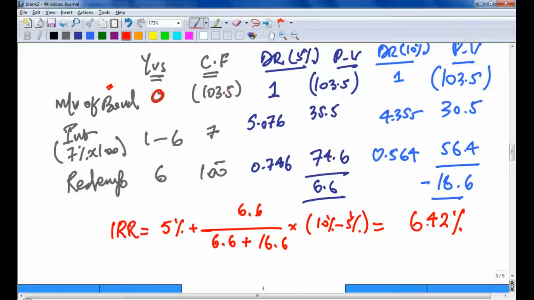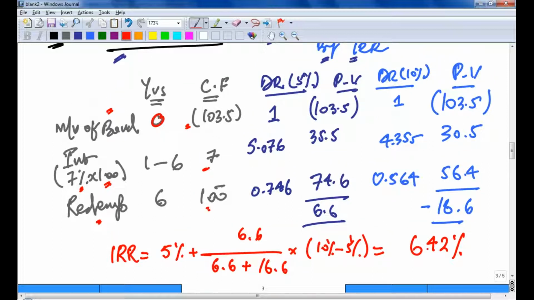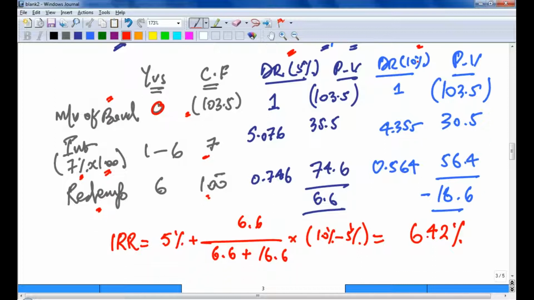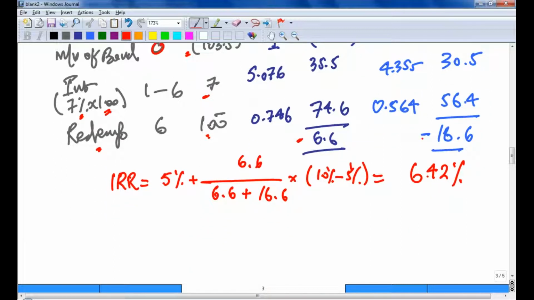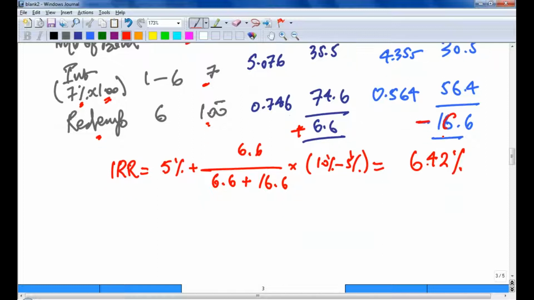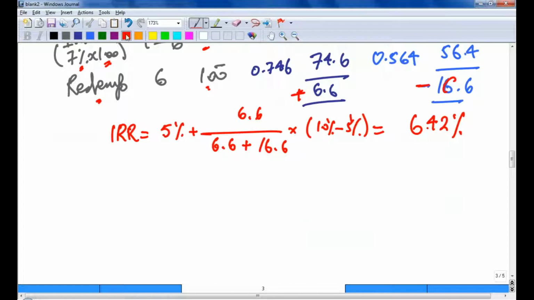Here at time 0, the investor will invest 103.5, its market value. Return: coupon rate 7% applied on par value, 7. Redemption 100. Discount rates 15% and 10%. That's 6.6 plus, and here minus 16.6. Then calculate IRR. But this is KD pre-tax.